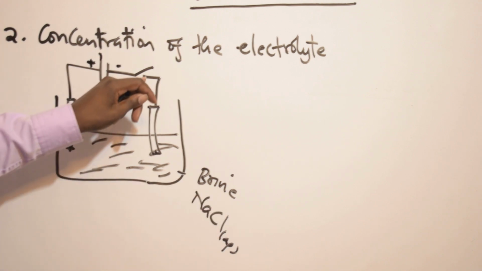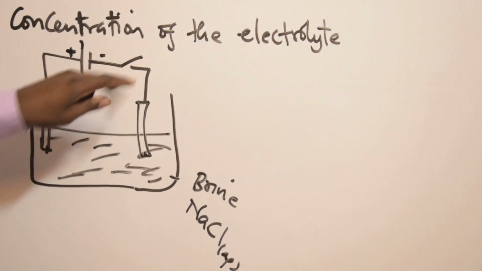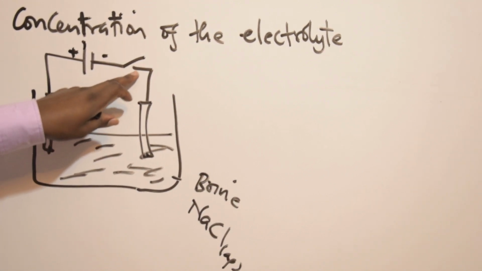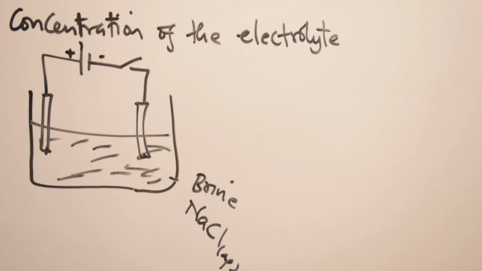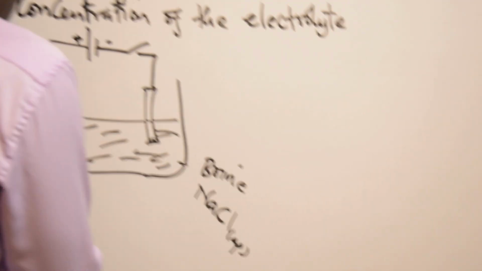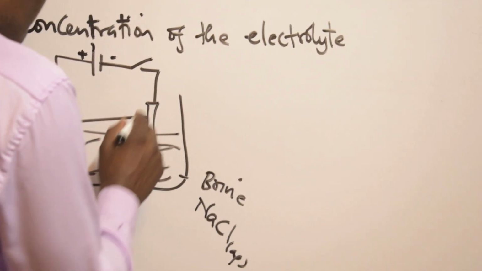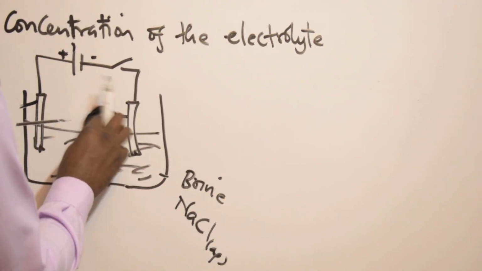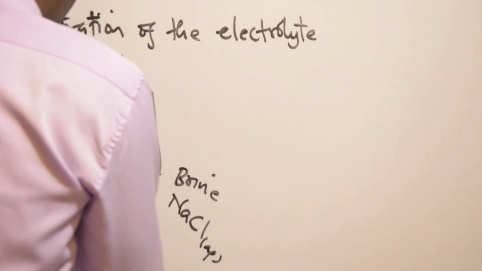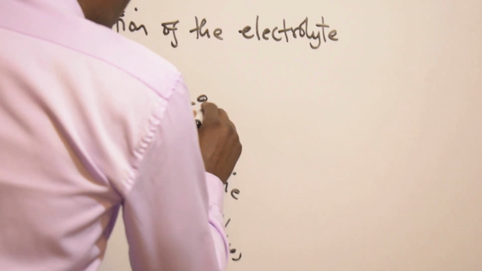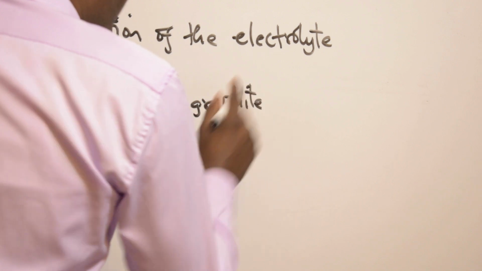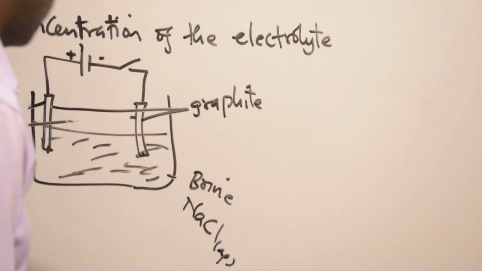Now, if you close the switch, let me put that here. These are graphite electrodes. We have them there.